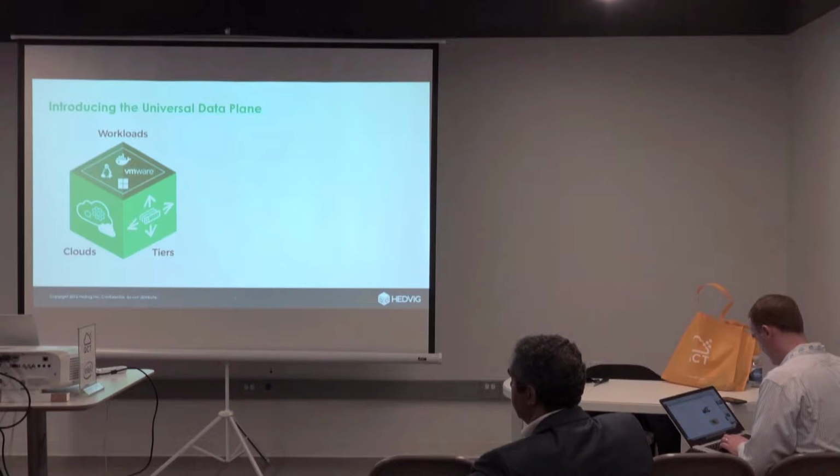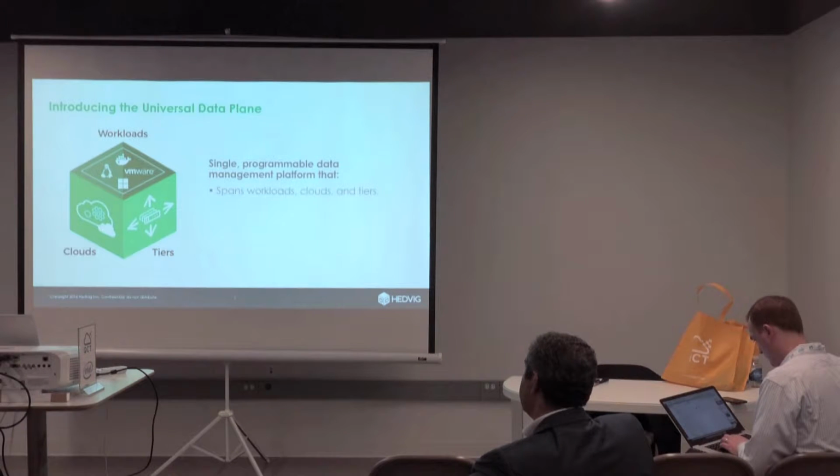So those are all options, those are all things that companies are trying to do. We're trying to provide a single platform that, we talk about programmable, right? So easily manipulatable, configurable, something in a DevOps context that would make sense. It spans workloads, clouds, and tiers. It spans all 3 dimensions of that cube.